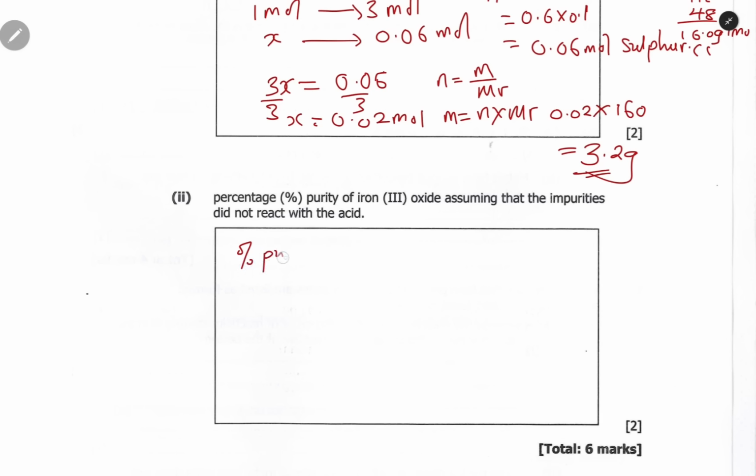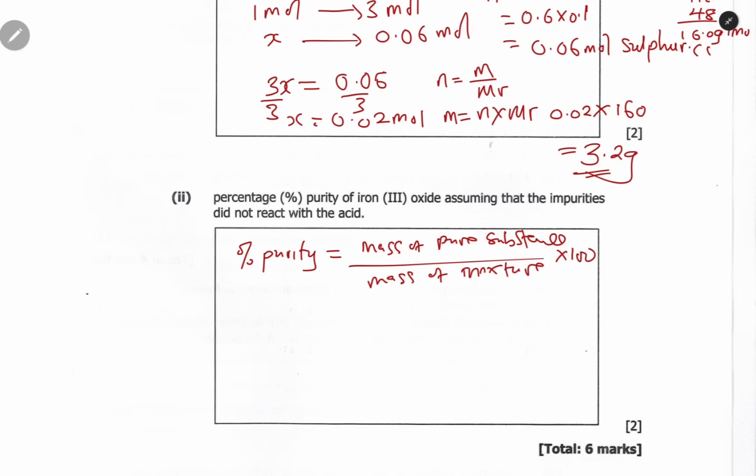Percentage purity is equal to mass of the pure substance divided by mass of the impure substance or mixture. Now, multiply by 100, please.